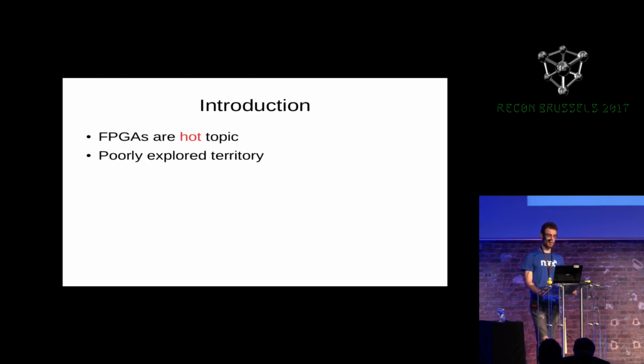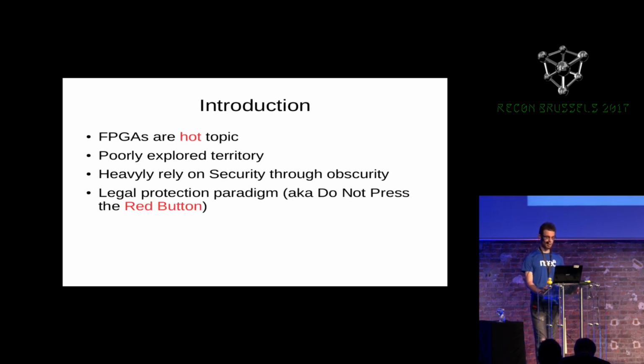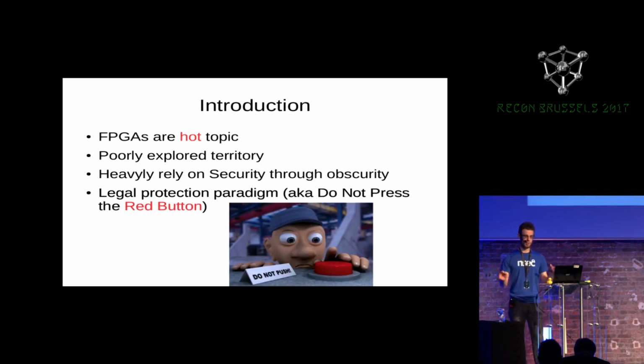Most of the stuff as it is right now depends on the tools provided by the vendors, except for IceStorm. So their security mostly relies on security through obscurity. It's all about the paradigm of "it's protected because it's forbidden."